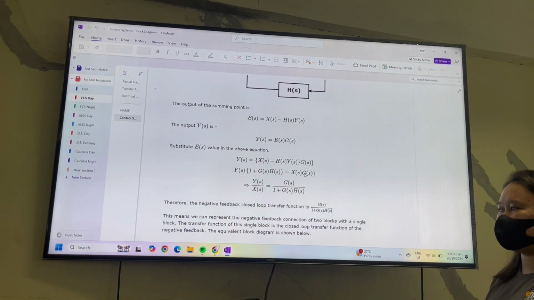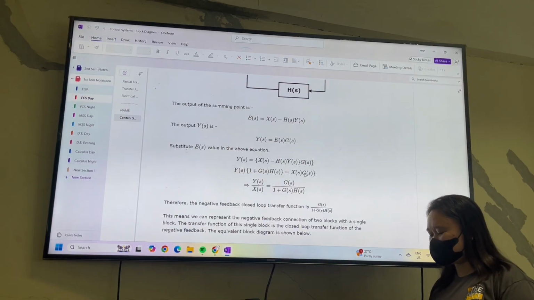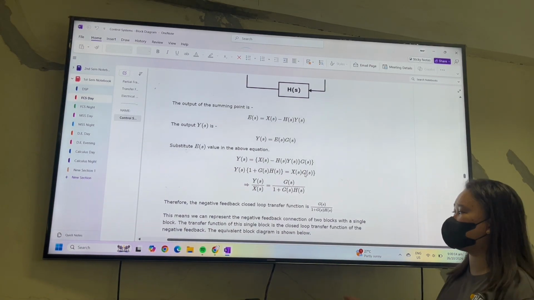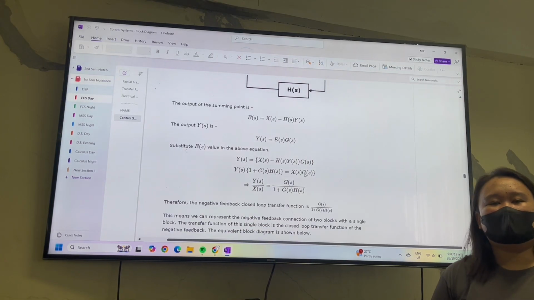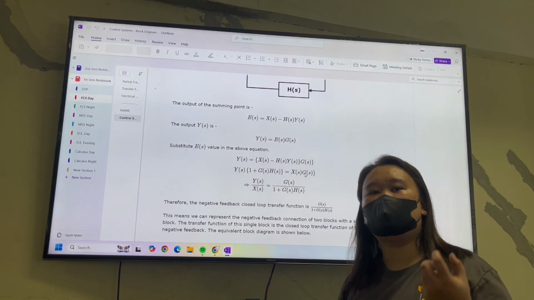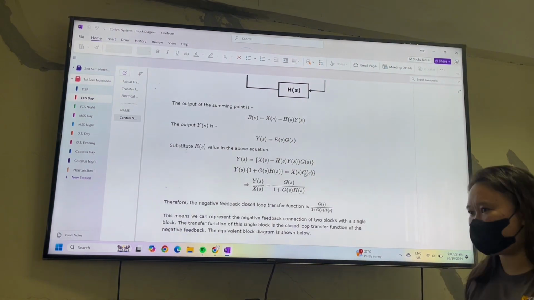Now, this means we can represent the negative feedback connection of two blocks with a single block. The aim of this connection is that it aids with the reduction of block diagram, which is our next topic.